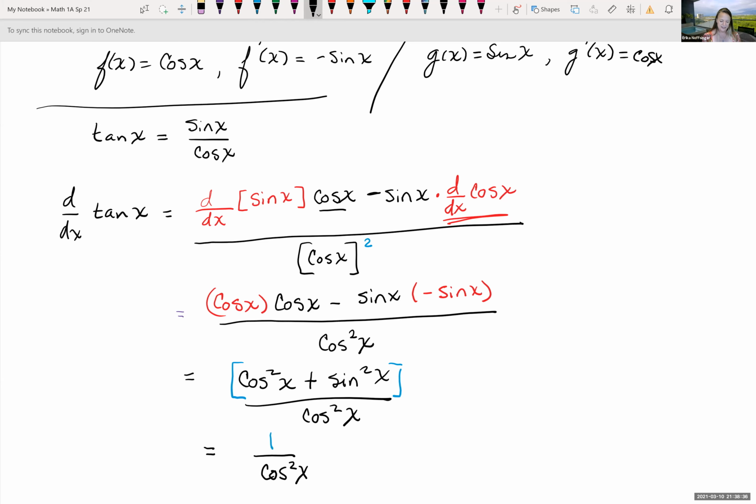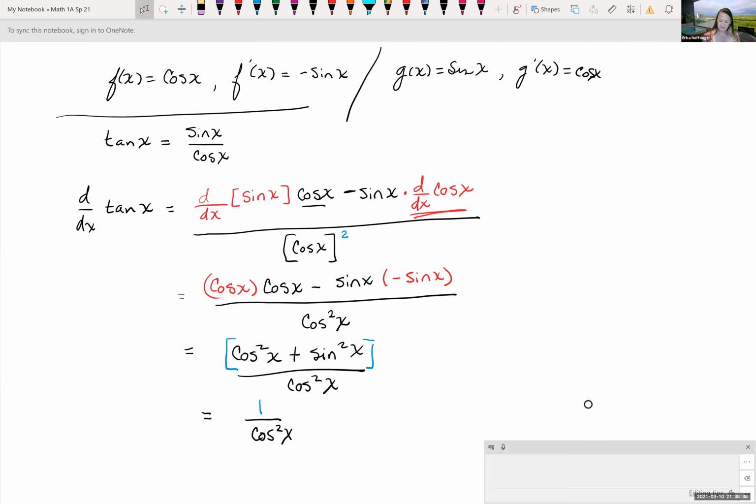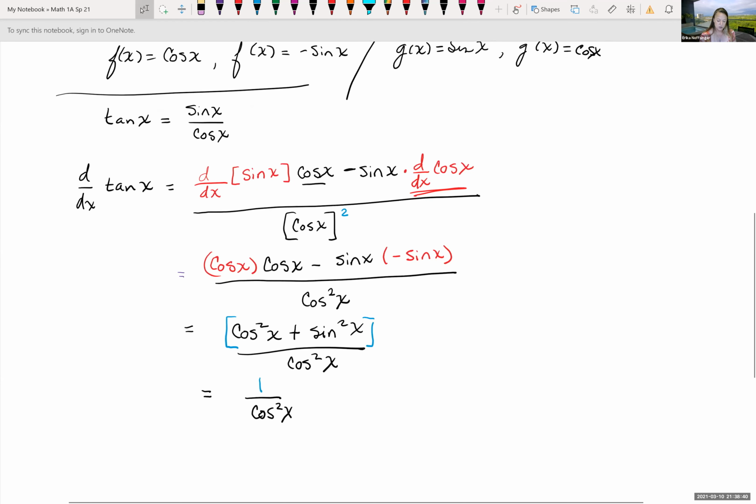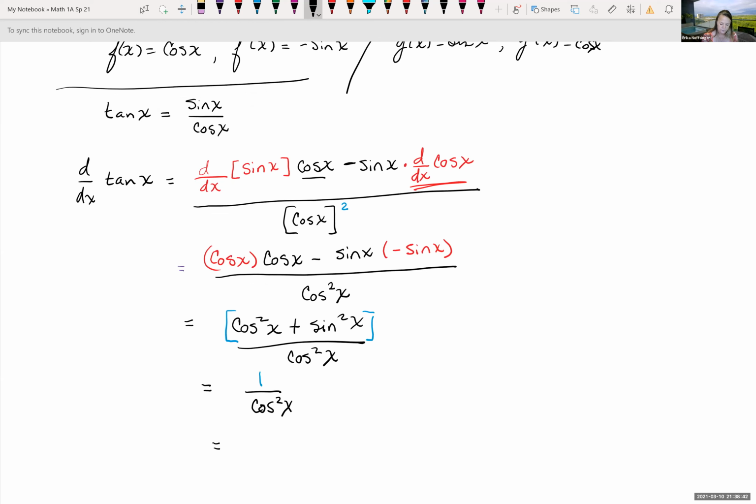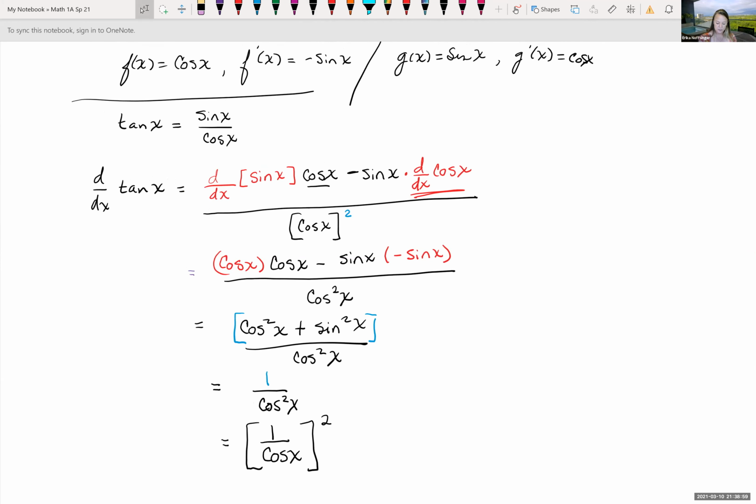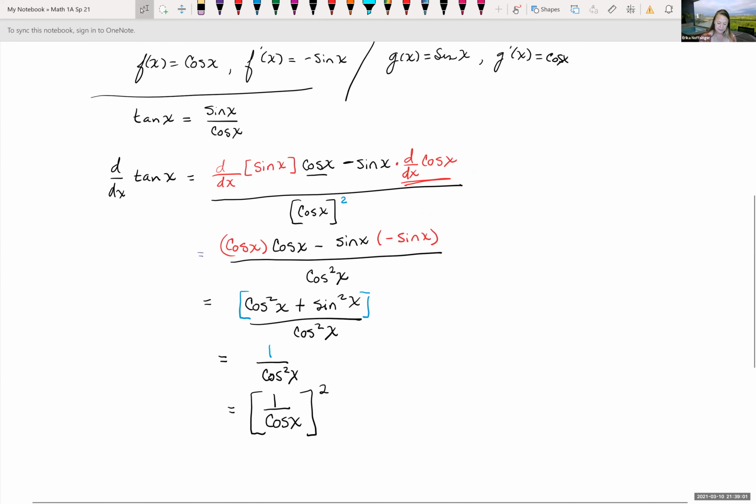If we really want to think about it, let's rewrite that in terms of a trig function. Well, let's rewrite that as 1 over cosine of x, this quantity squared, right? And I know 1 over cosine of x is secant of x. So I can rewrite 1 over cosine of x to be secant of x.